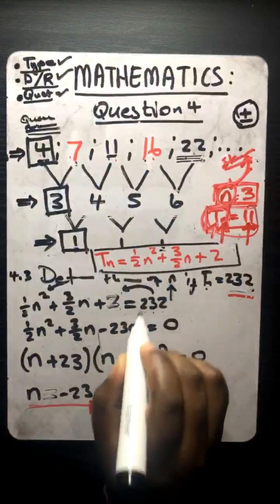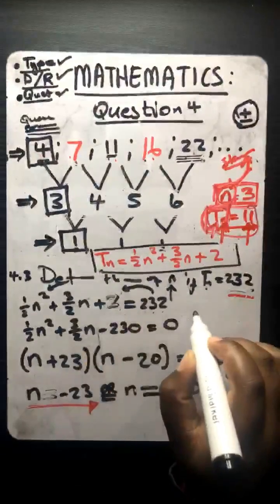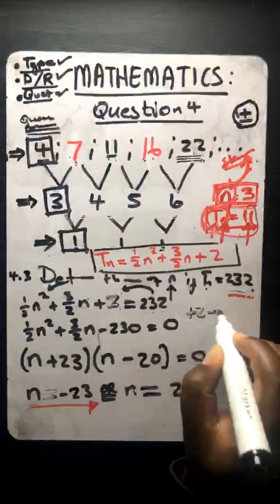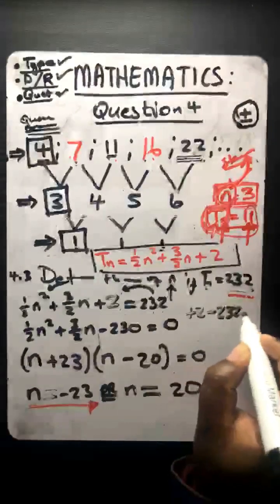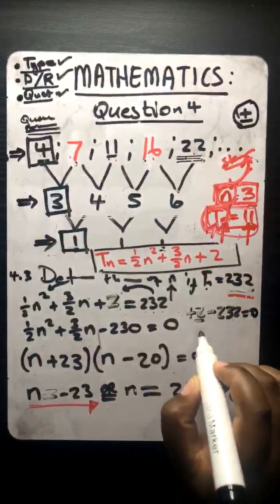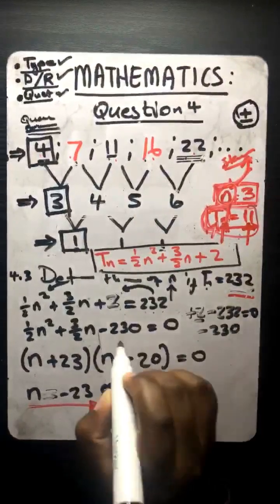So you took that to the left, and then it was all of that, then it is positive 2 minus 232 equals 0. So if you say 2 minus 232, it gives you negative 230, which is that one.